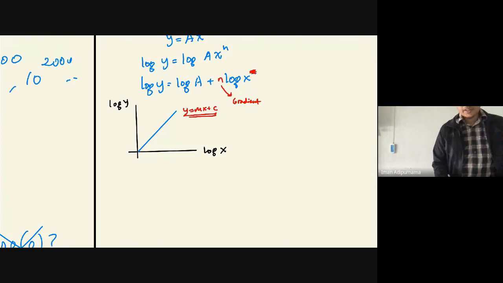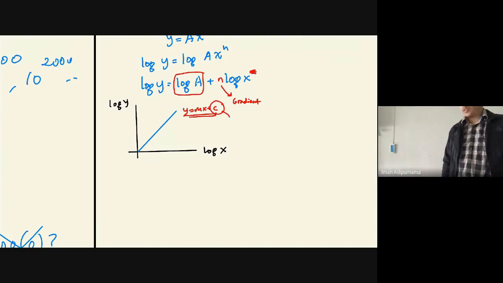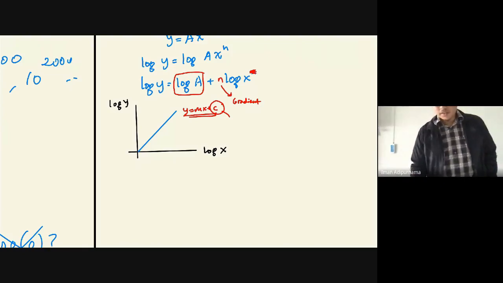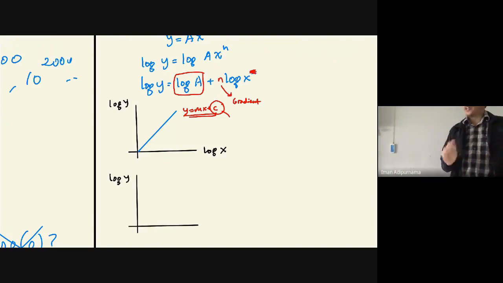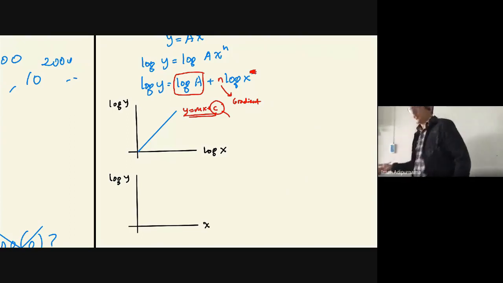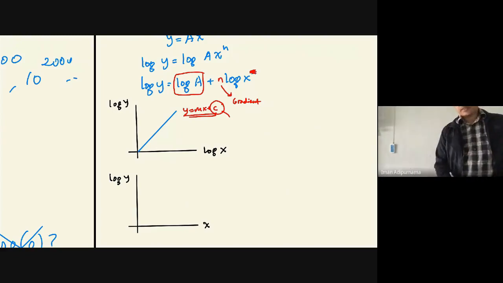And you can practically get a from the c here, and it will be much easier. Also it can be used like this: maybe the log is in y, and the x is just x. It can also be observed like this. It depends on your formula here.